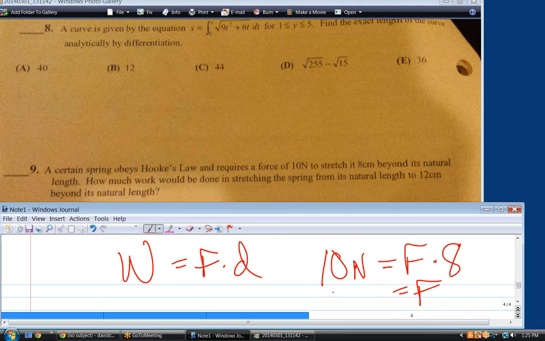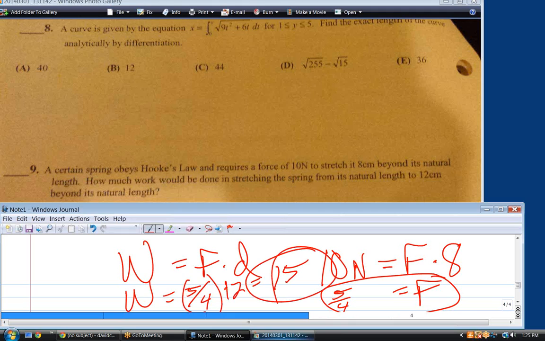So the force is going to be 5/4, and we should be able to plug it into the same equation, so the work done stretching that force of 5/4 times 12 centimeters should be 15.